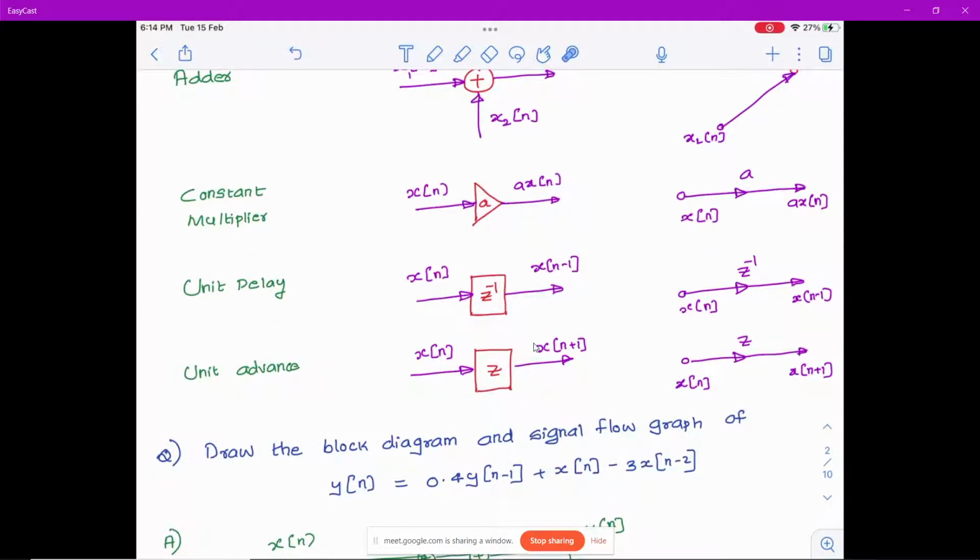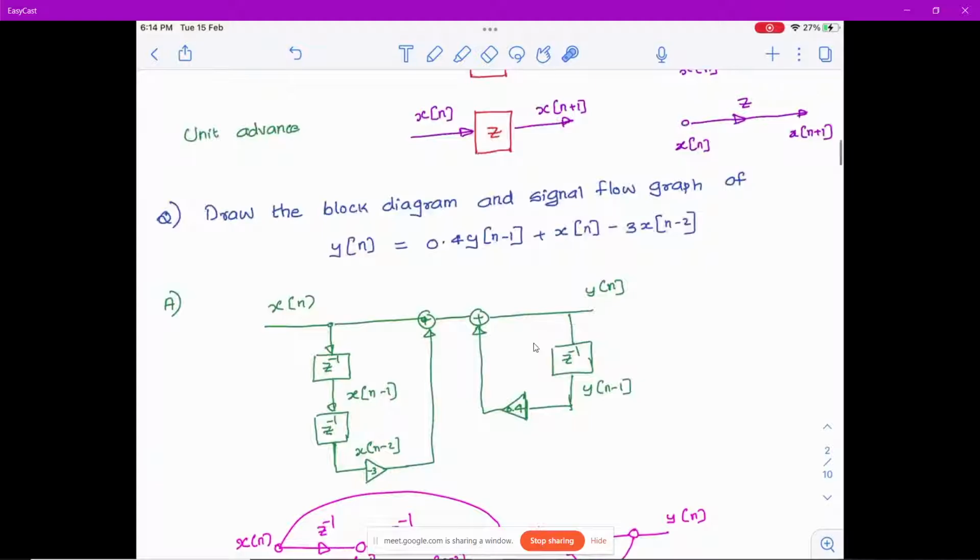So using these basic blocks, you can construct or represent any form of the equations, IIR or FIR, whatever be the equations. So just to show you how it is represented, let's say you want to draw the block diagram and signal flow graph of y of n is equal to 0.4 y of n minus 1 plus x of n minus 3 times x of n minus 2.